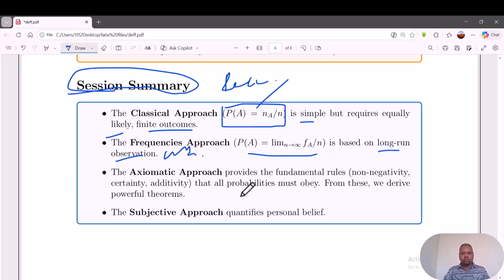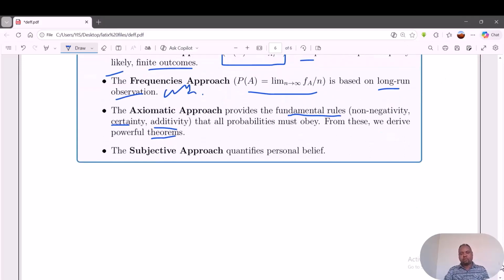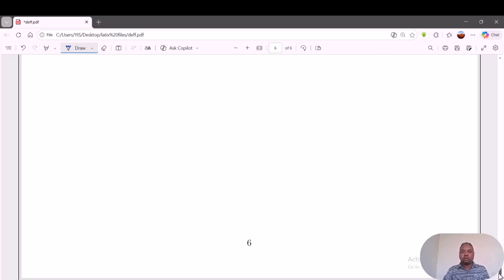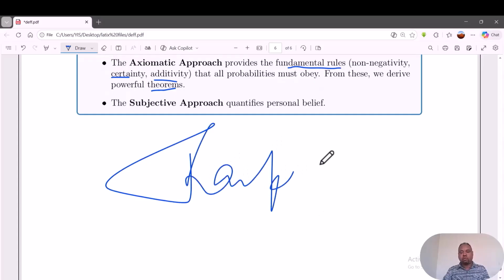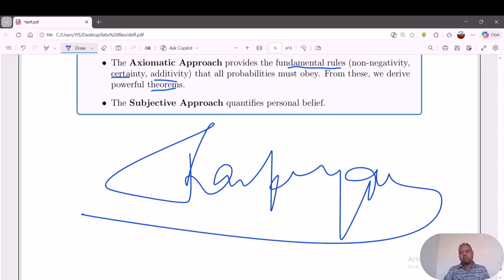The axiomatic approach provides the fundamental rules that all probabilities must obey: non-negativity, certainty, additivity. From this we derive powerful theorems, right? The subjective approach quantifies personal beliefs, experience, or opinions, right? Thank you.